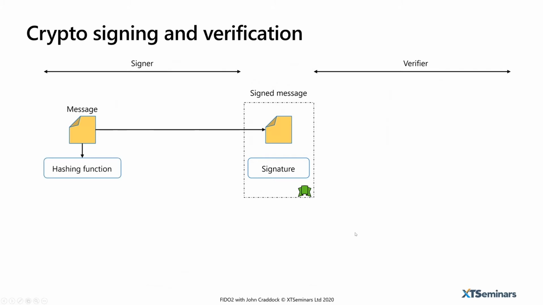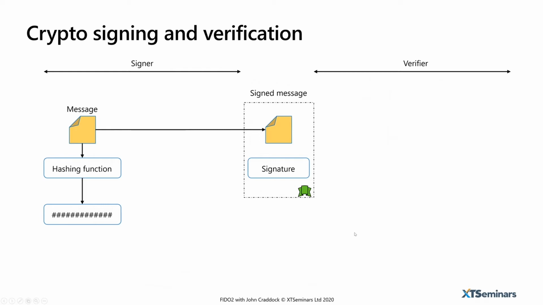They pass the message through a hashing function. And what a hashing function does is it comes up with a fixed length hash. Regardless of the size of the message, the hash will always be of a fixed length. And the very clever thing about hashing functions is that it is highly unlikely that two messages will actually result in the same hash value. It's not impossible, but for all practical purposes, you can consider it to be impossible.